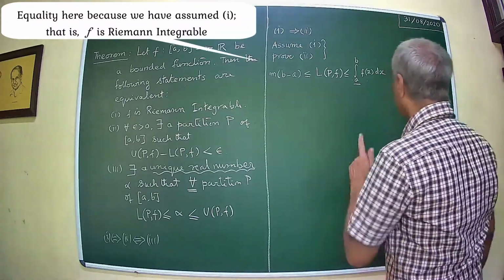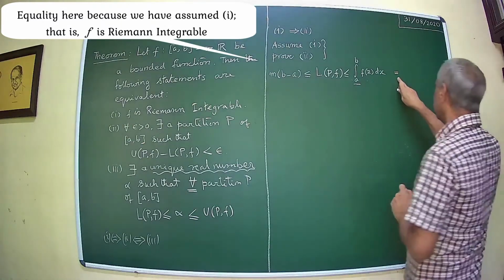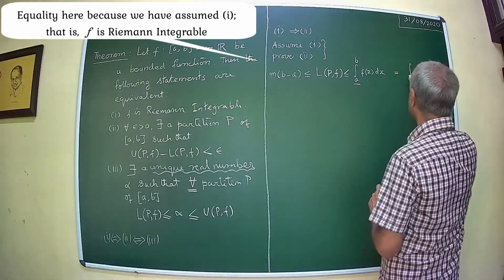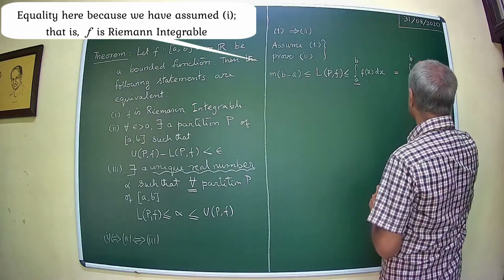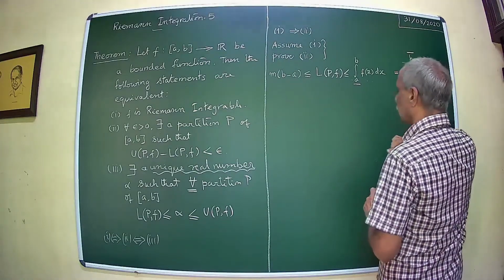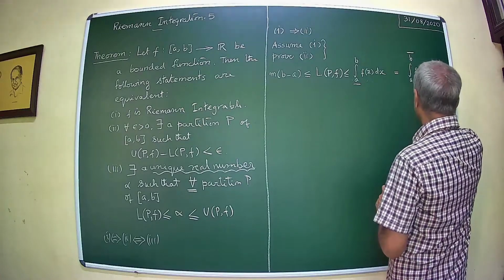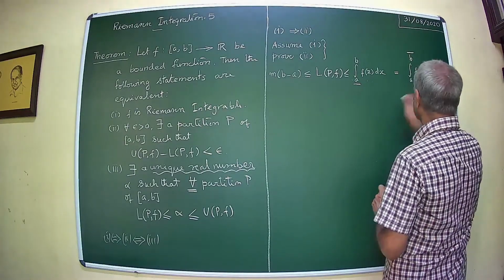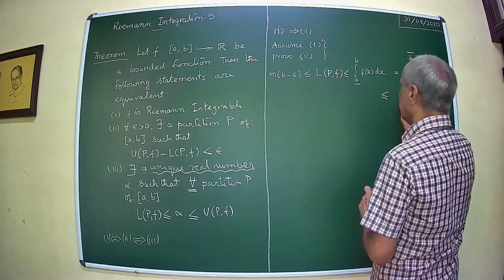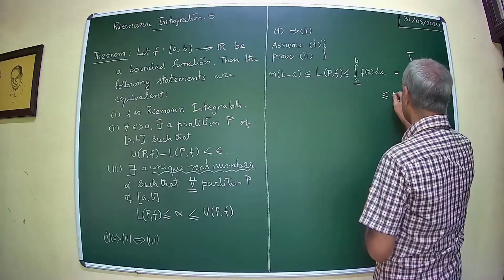Because we have assumed 1, therefore the equality is there. So this is equal to the integral from a to b, the upper integral of f(x) dx, which in turn is less than or equal to this.